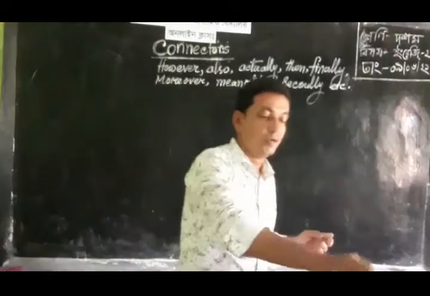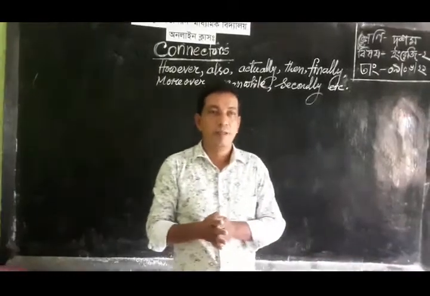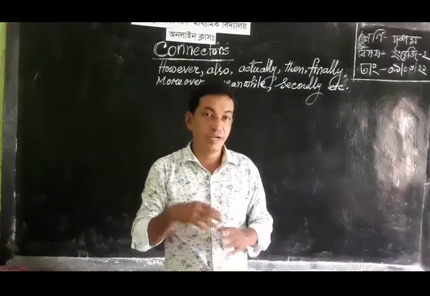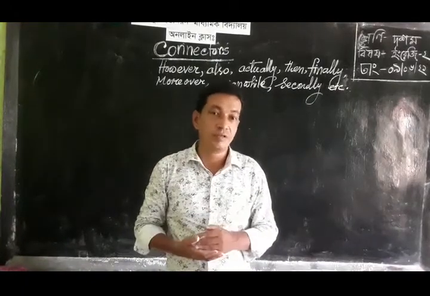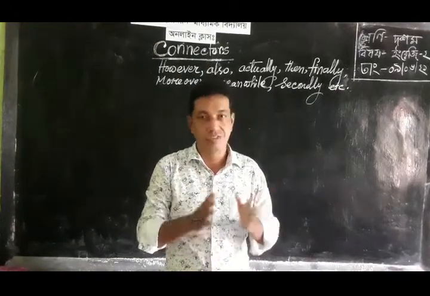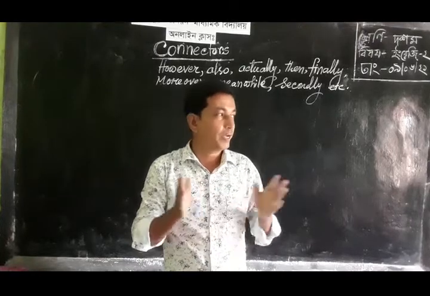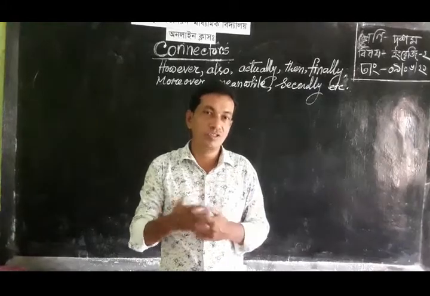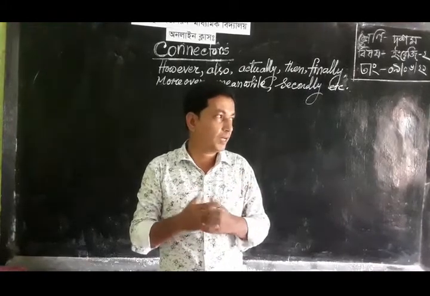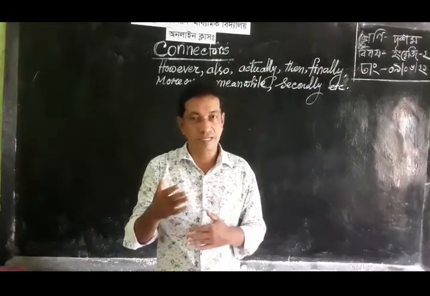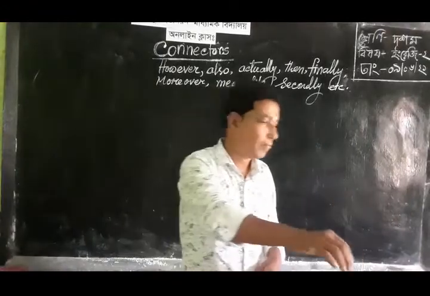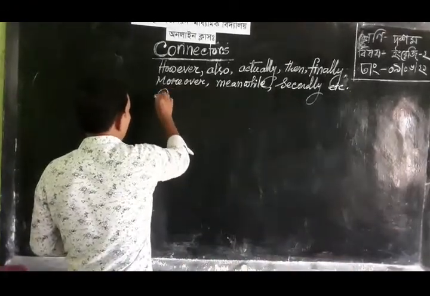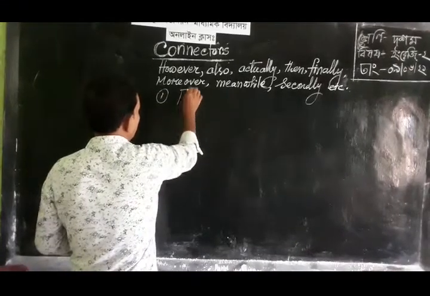Now, dear learner, I will discuss the position of connector, because where can connector sit? Actually, a connector may sit in some positions. Position of connectors is of four kinds, such as front position.